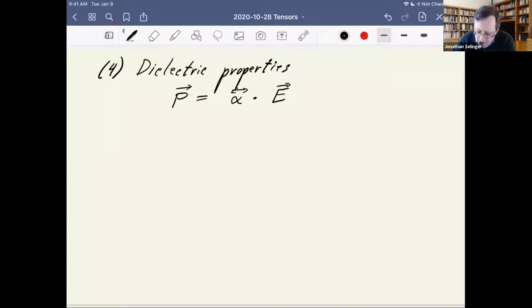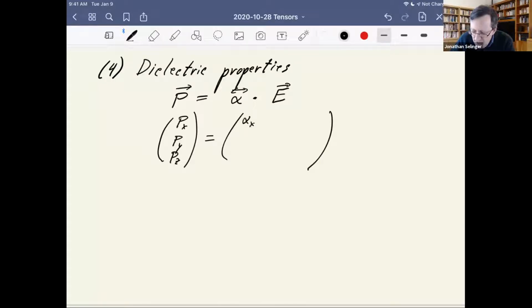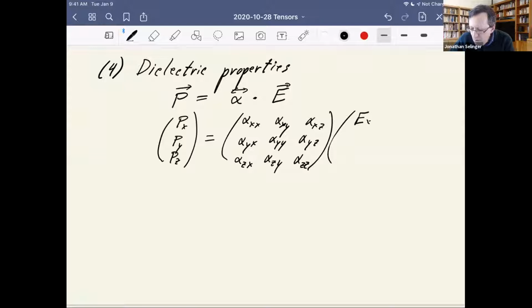That is, if I write it out in components, Px, Py, Pz is a matrix multiplication, alpha xx, alpha xy, alpha xz, then alpha yx, alpha yy, alpha yz, alpha zx, alpha zy, alpha zz, right? The matrix product of that with the electric field.